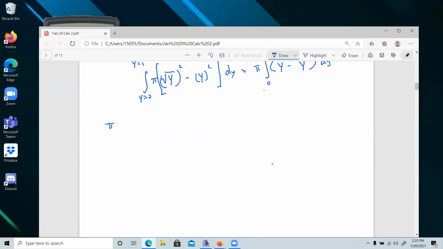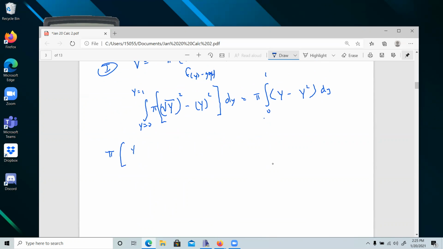We have y squared over 2 minus y cubed over 3, going from 0 to 1. When I plug in 0 here, we get zeros. So this is going to be pi times a half minus a third, and I know that that is a sixth. Hooray, we got a good answer.